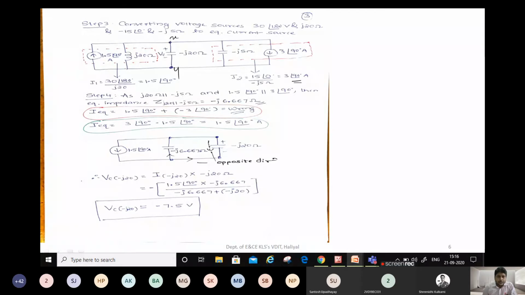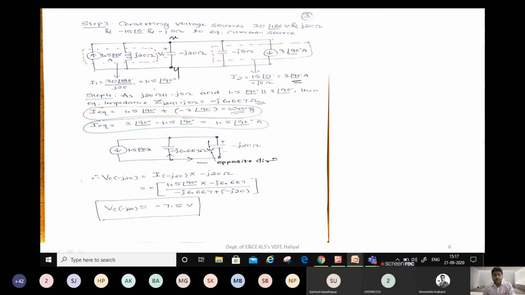Okay. Now, this is a common node now. All these points are X here, and all these points are Y. Okay. So now all the elements are in parallel. So if you take out that capacitor minus J20 and keep it to the other side, no issues, because all are in parallel.